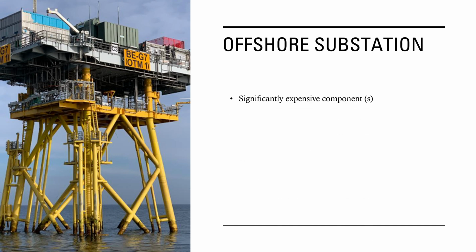These are significantly expensive components, not just because they're full of expensive electrical equipment, but because they're physically big. They weigh several thousand tons, and that costs a considerable amount to get to location and install. There's 1 or 2 of them per farm. Now, if there's only 1, it is almost always split.